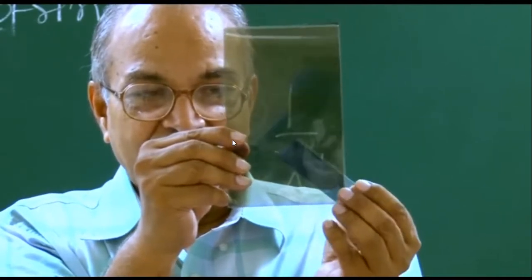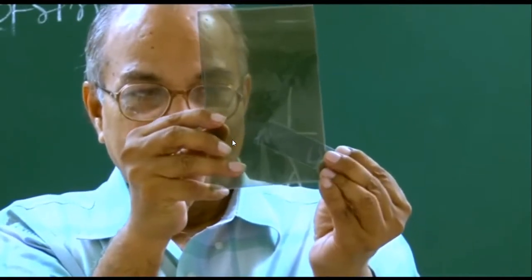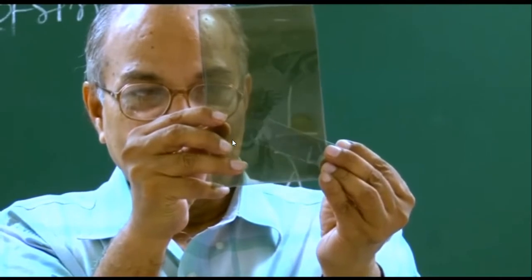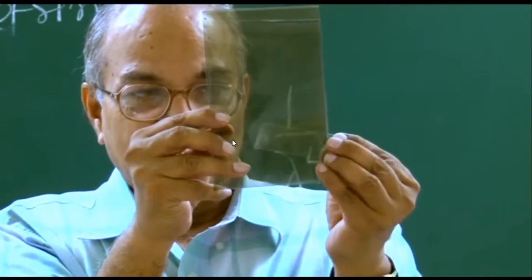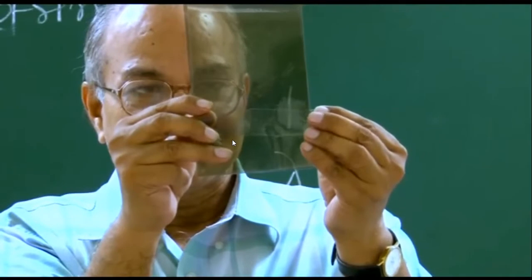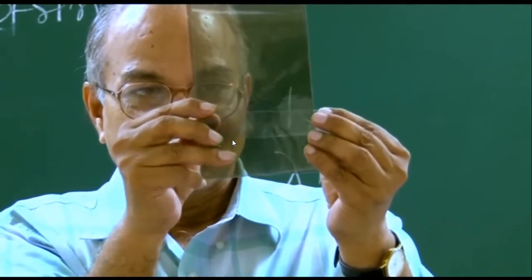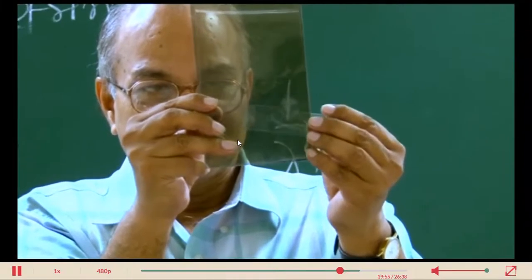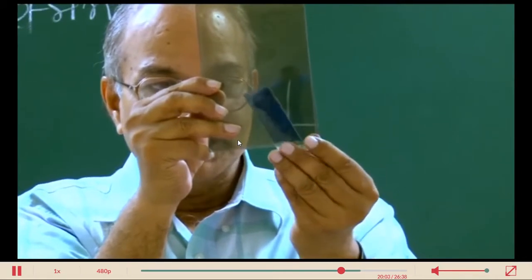Rotate it further and now the color is fading away. It almost becomes transparent, no color, and now this is a perpendicular orientation. So remember this color. At some angle of 45 degrees or close to that, you have a darkish bluish color.